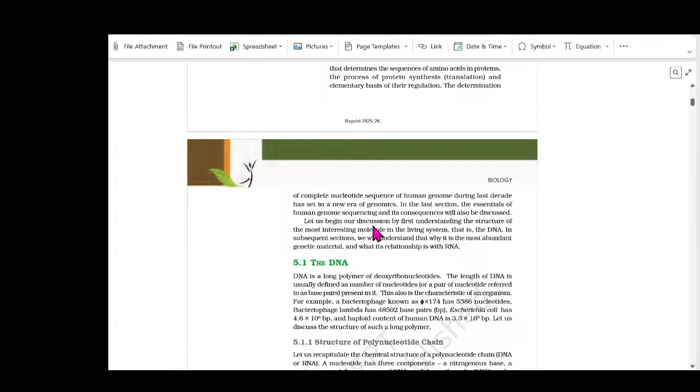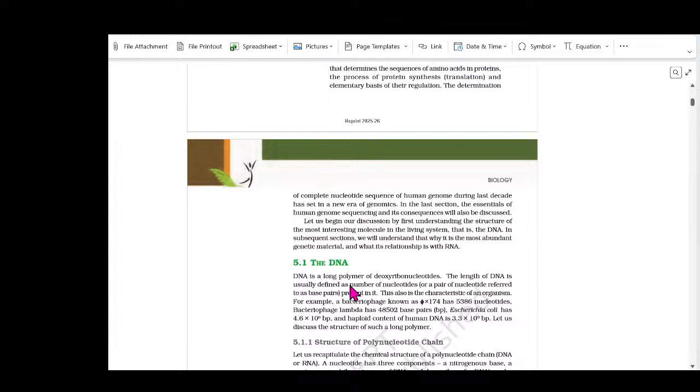Let us begin our discussion by first understanding the structure of the most interesting molecule in the living system, that is the DNA. In subsequent sections, we will understand why it is the most abundant genetic material and what its relationship is with RNA. So we begin with 5.1, the DNA.